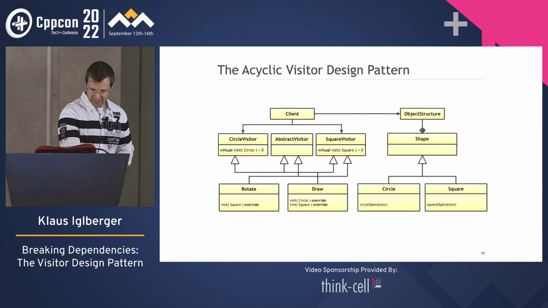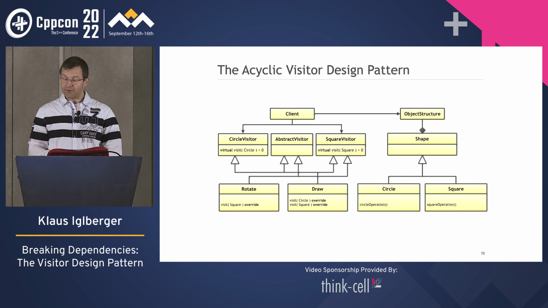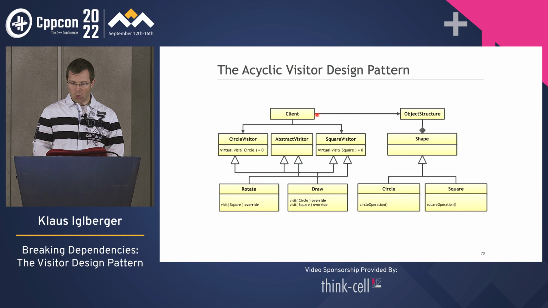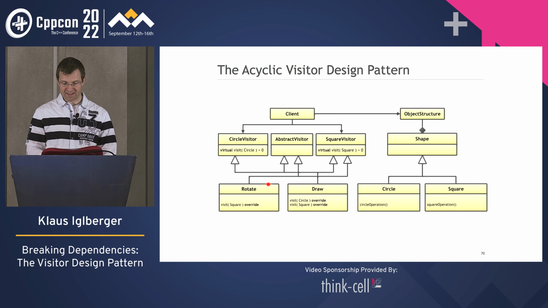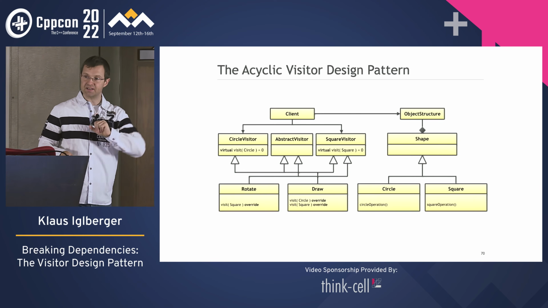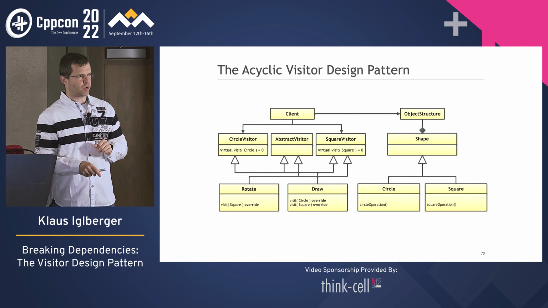Now, the operations like rotate and draw, they definitely, first of all, always inherit from abstract visitor. And that is the one base class that all the operations need to inherit from. So this is the central base class. But now these operations inherit from all the visitors that they actually want to support.